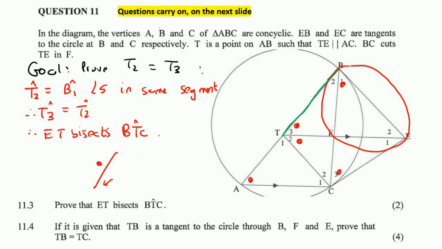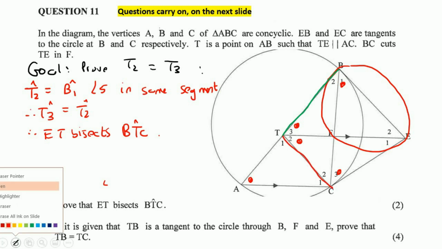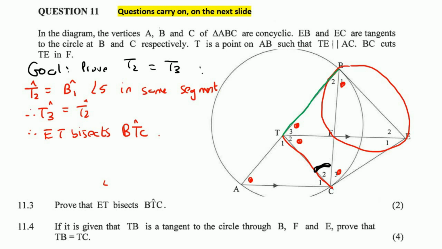So that's probably what we're going to do. So if we want to prove that TB and TC have the same length, then it would mean that this angle and this angle, because that's inside this triangle, they would probably have to be the same. And that's possibly what we're going to have to go and prove now in this question.